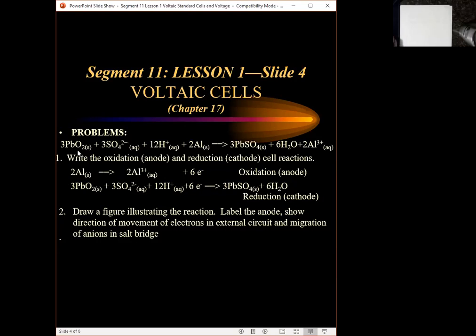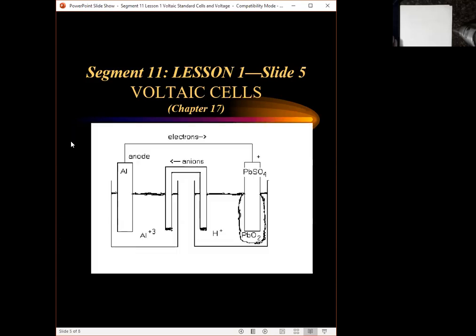If you look at the other substances, lead and the lead-4 oxide on the left is in +4. Lead-2 sulfate is a form of lead on the other side. And on the other side then, the oxidation number of lead is 2. It goes from 4 to 2. That's reduction. Here's what the cell would look like.